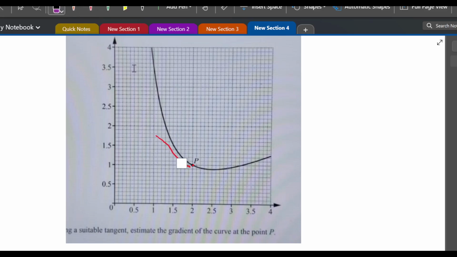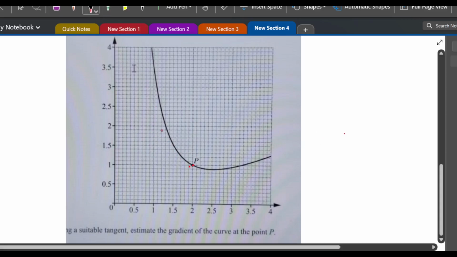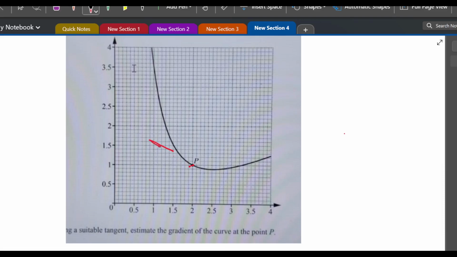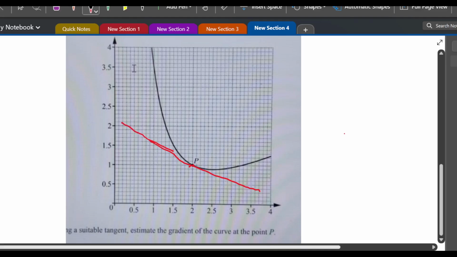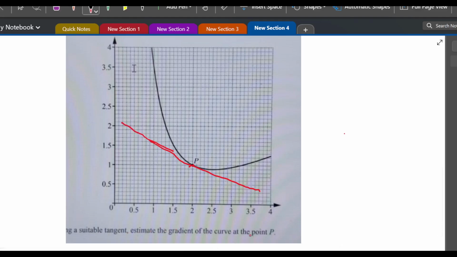I will not be able to draw a perfect line, but you understand what I'm saying. It could be going like this. And they ask you to estimate the gradient.